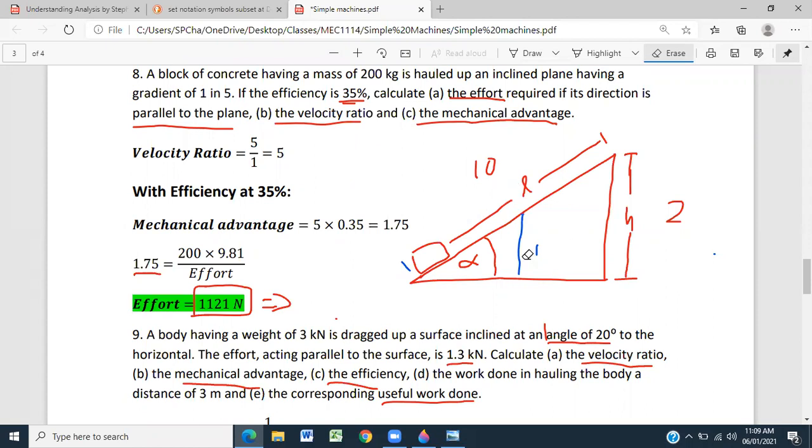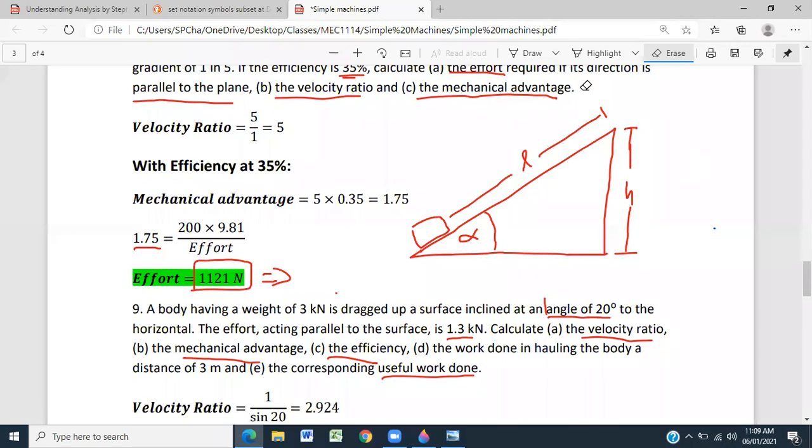So as long as we can find that length, assuming here to be 1 unit, we'll find the velocity ratio. So let's assume here to be 1 unit and find the length. So sine of alpha is equal to opposite, which is 1, divided by the hypotenuse, which is the length.